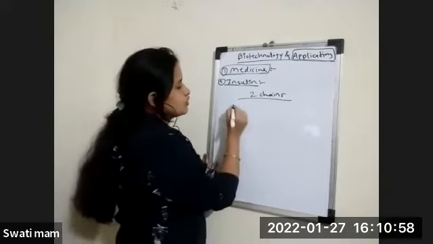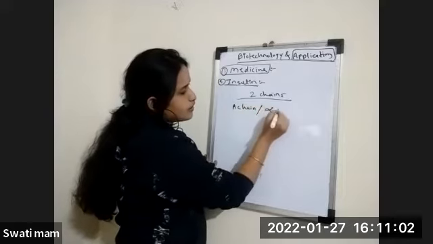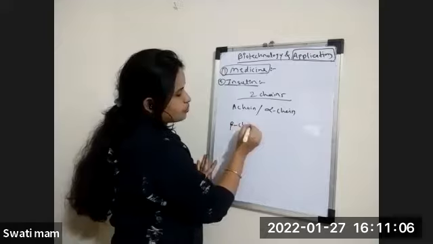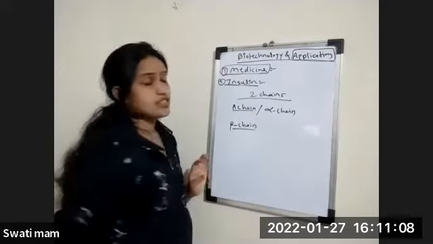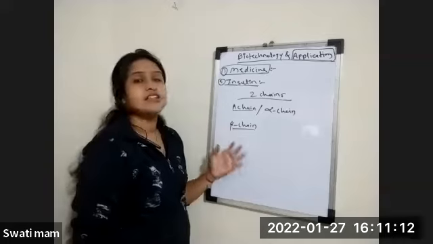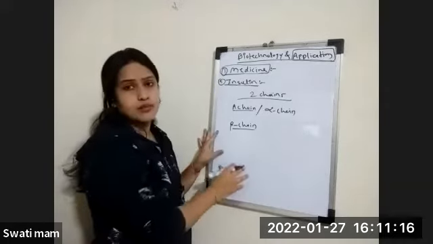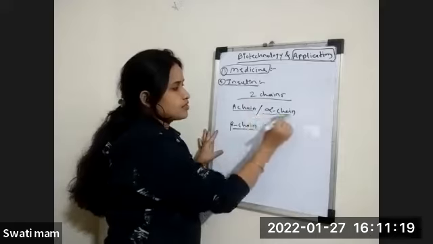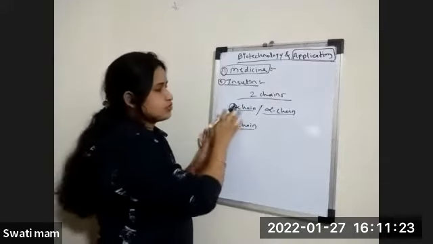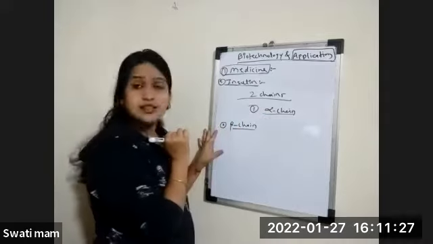The A chain, or we can say alpha chain, and beta chain. So how many chains are present in the insulin molecule? The insulin molecule has two chains, alpha chain, or you can say A chain, and second the beta chain.